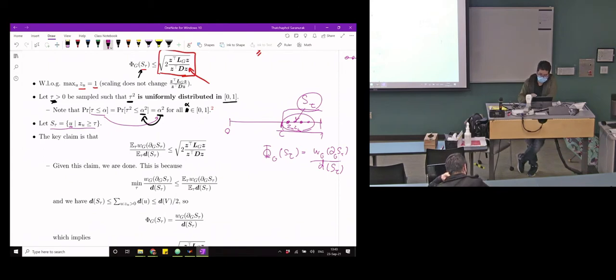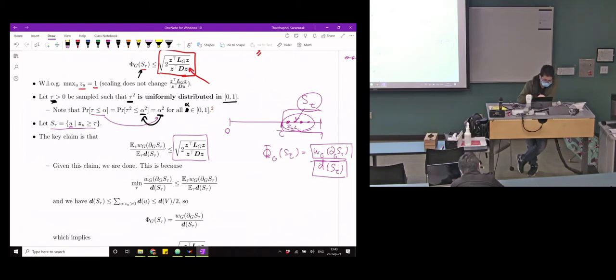Now what we will do is compute the expectation of the numerator and denominator separately, and we will see that it is bounded by something that we want.